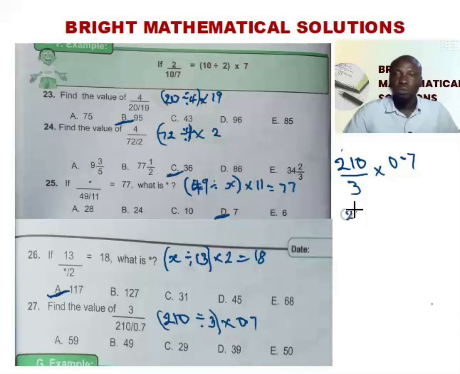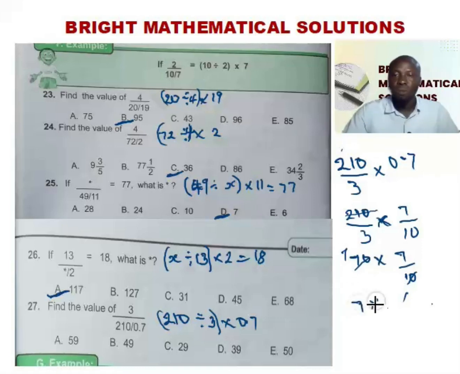This is 210 divided by 3 multiplied by 7 divided by 10. So let us divide. 3 into 210 is 70, multiplied by 7 over 10. 10 into 70 is 7. So it is 7 multiplied by 7, and that gives us 49. So our answer here is B.